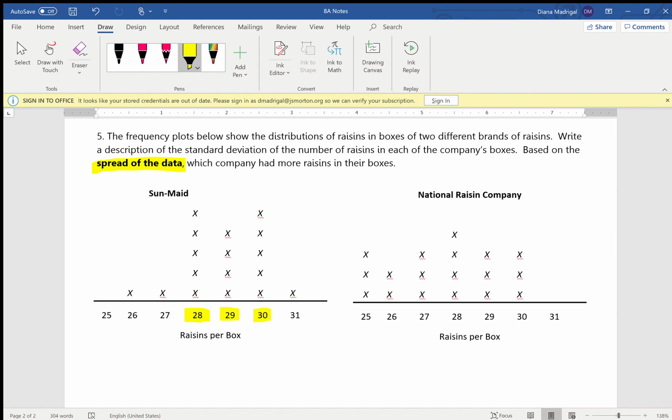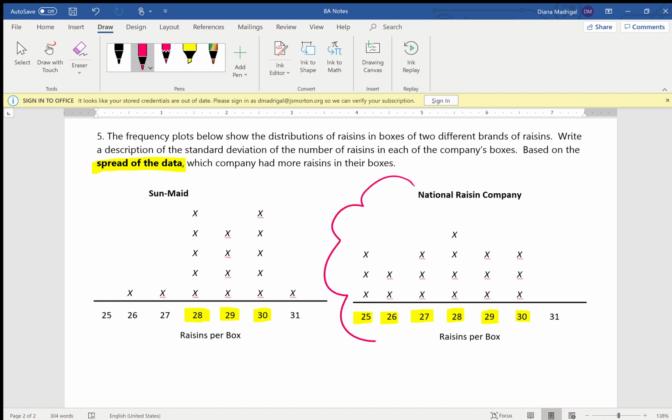But as you see in National Raisin Company, you have a variety of the same amount for each of them. You have 3 for 25, 2 for 26, 3 for 27, 28 is 4, but then 29 is 3 again, 30 is 3, and maybe you don't have anything for 31, but this one is more spread.